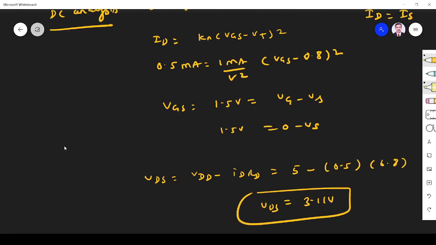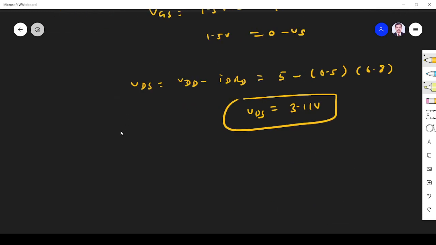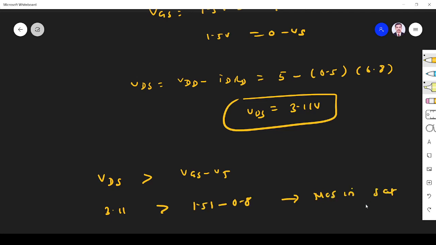Right? So whether transistor is in saturation or not, then only we can proceed, because in saturation only the transistor works as amplifier. So VDS is greater than VGS minus VT. VDS is 3.11. VGS from the problem we found is 1.5, so VGS minus VT is 0.7. Surely it is greater than. So MOS in saturation, so it works as amplifier.